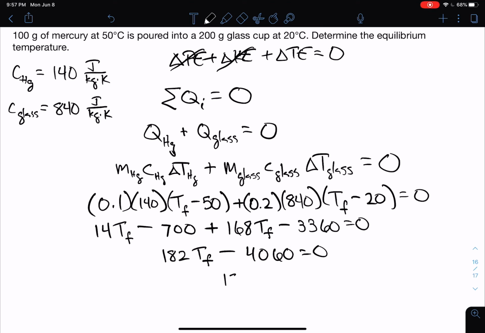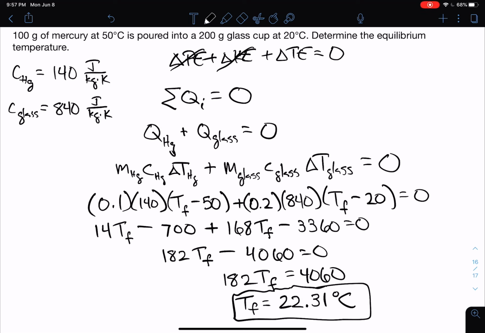So of course that's 182 T final equals 4,060. T final equals 4,060 divided by 182. And I get 22.31 degrees Celsius.